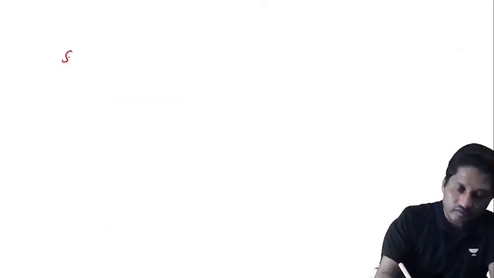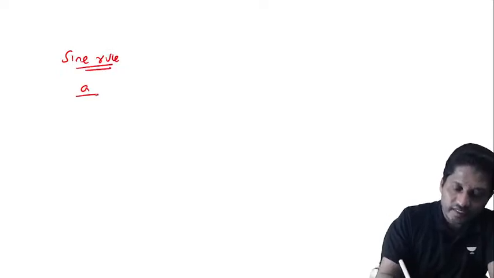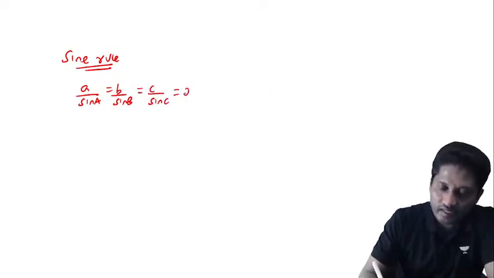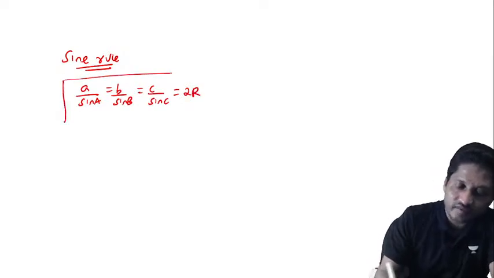If I use the sine rule, A by sine A is equal to B by sine B is equal to C by sine C, which is equal to 2R. R is the circumradius of the triangle.